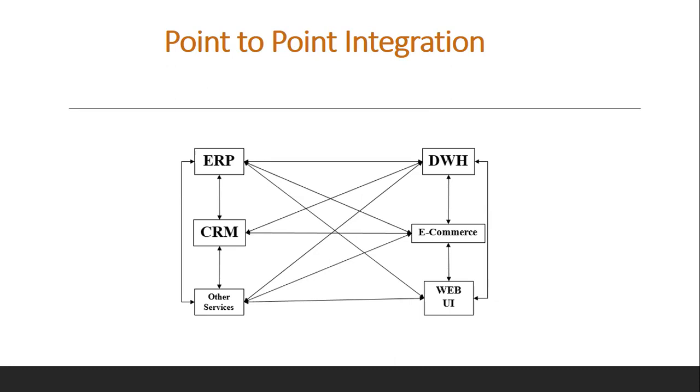Let's say ERP wants to connect with web UI. There will be one adapter which will help to connect ERP with web UI. Now CRM wants to connect with e-commerce. So we need to develop another adapter which will help to connect CRM with e-commerce. In this way, whatever systems we connect with each other, we need to create one adapter.